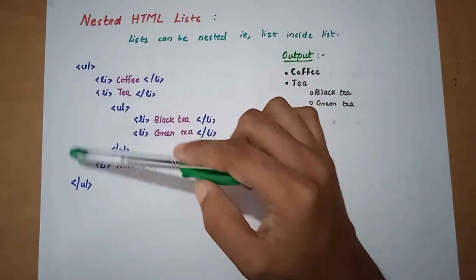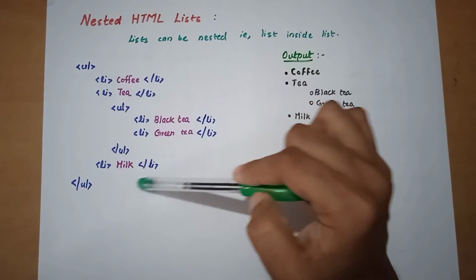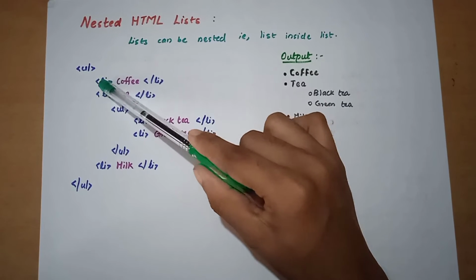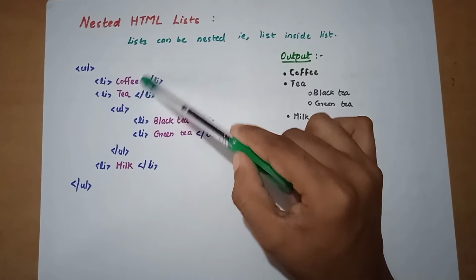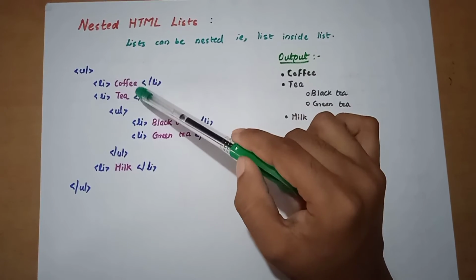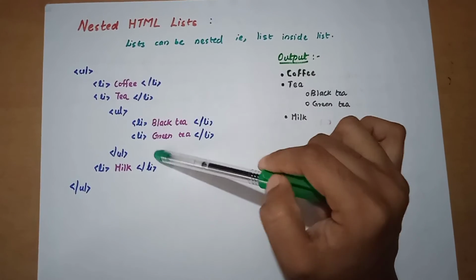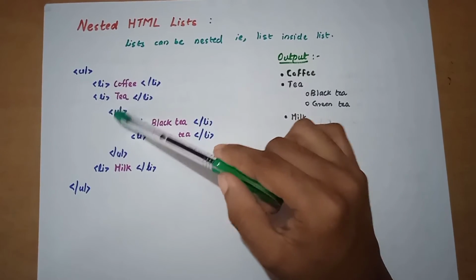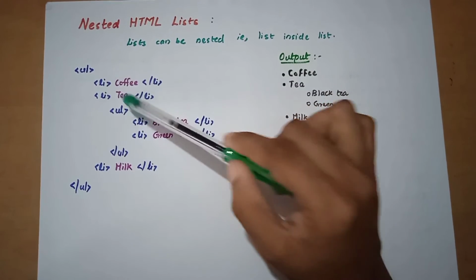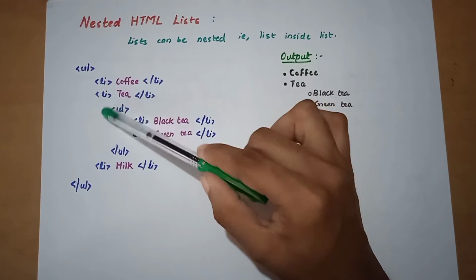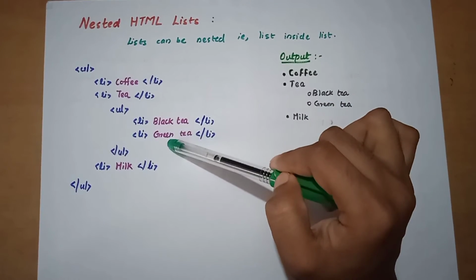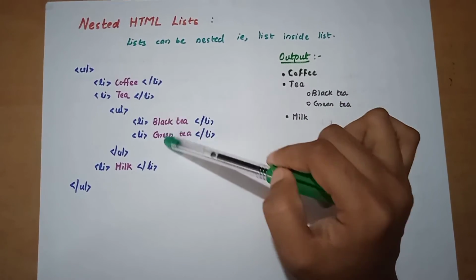I opened my unordered list, and inside I have some more code. First one, LI, that means my first list item, that is coffee. The next list item is tea. But we know that there are also different kinds of tea available. So we use another nesting, a list inside the tea item itself. I opened another unordered list tag, and inside that I included all the different kinds of teas available.